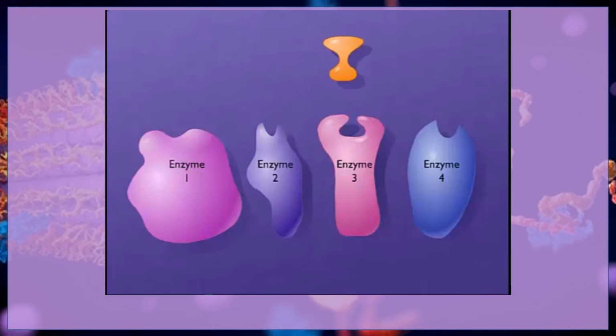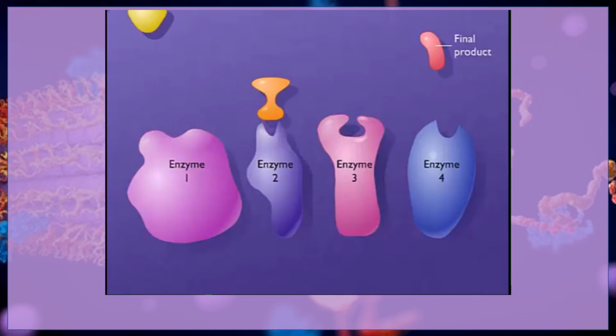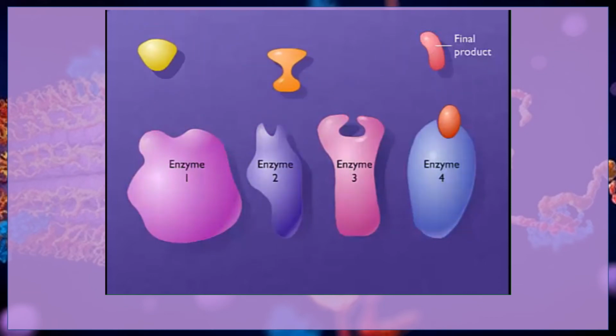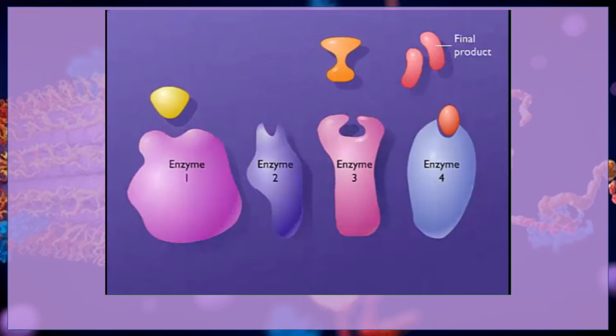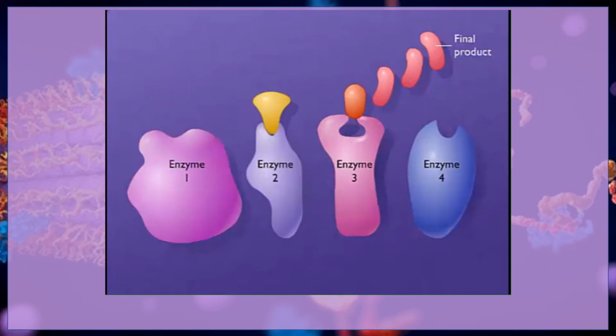The sequence of reactions continues until the final product is made. When a biochemical pathway is functioning, the initial substrate is continually converted to the final product through the series of steps in the pathway. So that was just to show you the example of the pathway.